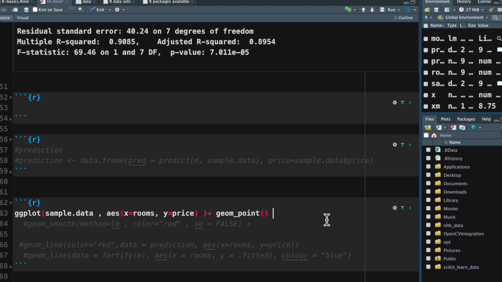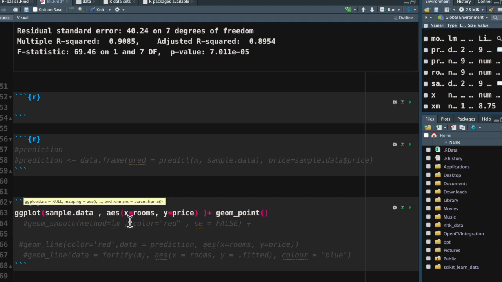By standard, on y-axis we draw whatever we want to predict, and on x-axis we supply the variable which we think is influencing the price eventually. In our case, we have only two columns, one is price and the other one is room. If you don't understand ggplot, don't worry, we will do a separate video on how to use ggplot.